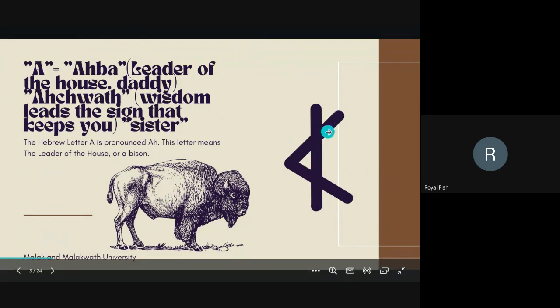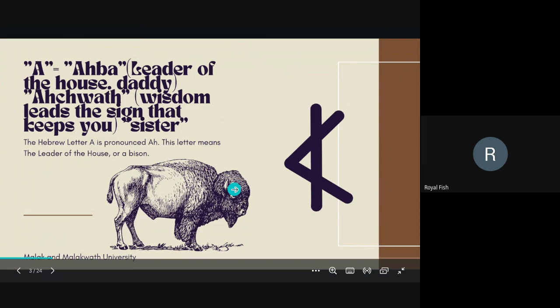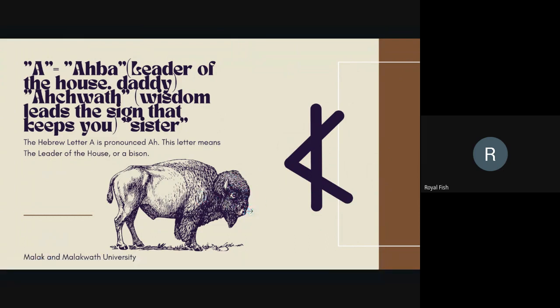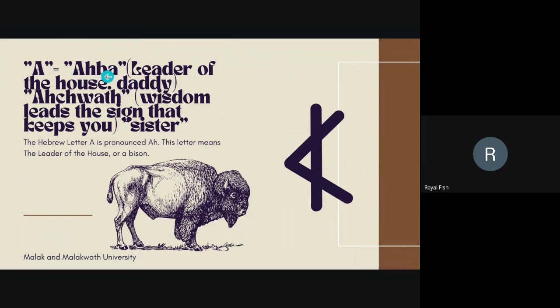The bull head, this is supposed to be the horns, this is his face, and this is like his ears or his hair, however the bison would have looked. The A is for the Hebrew word Abba. With the word Abba, it means the leader of the house, or the daddy, or the father.